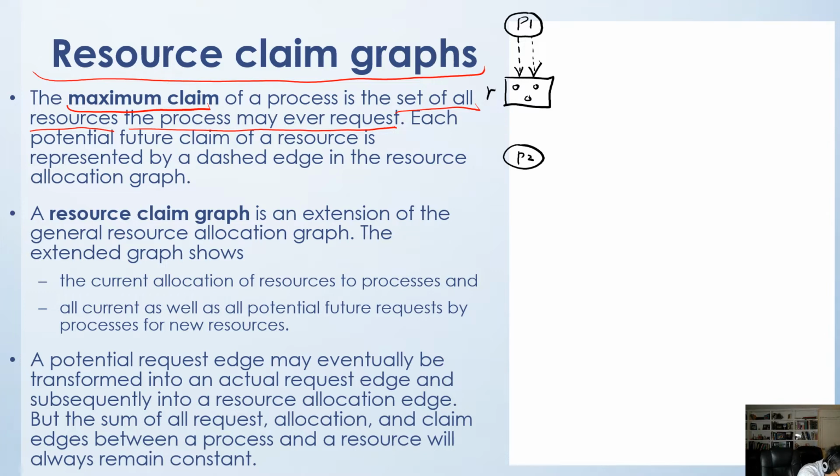We use the dashed edge to represent the claim. So in this case, the maximum claim is 2 for process 1. And then we have the maximum claim for process 2 to the resource R. That's the resource claim graph, even before any process actually makes a request.